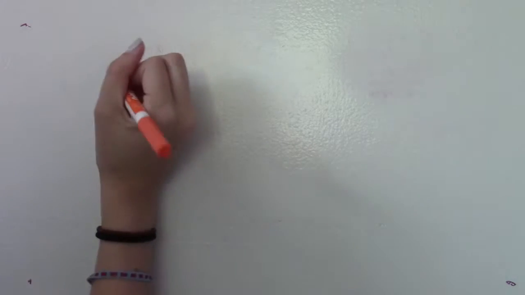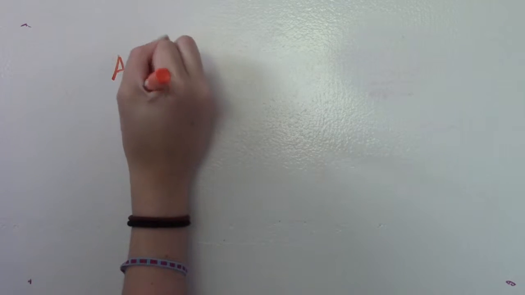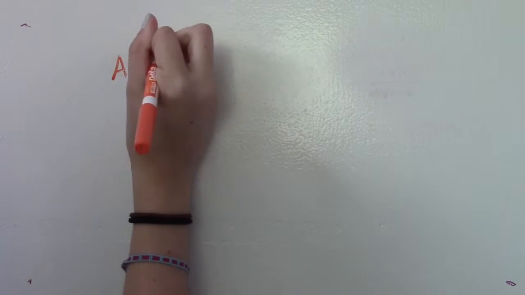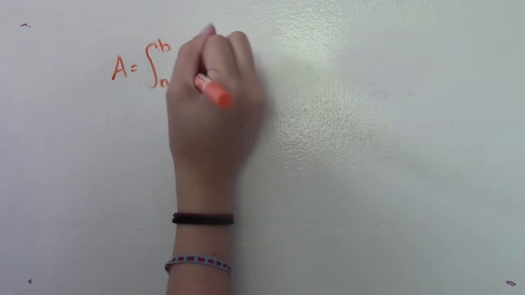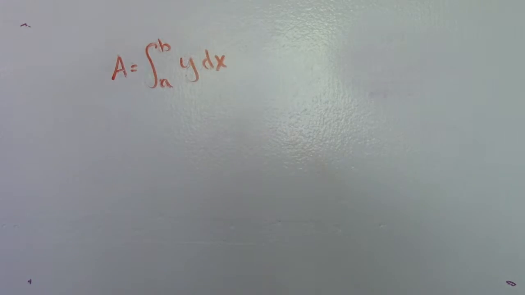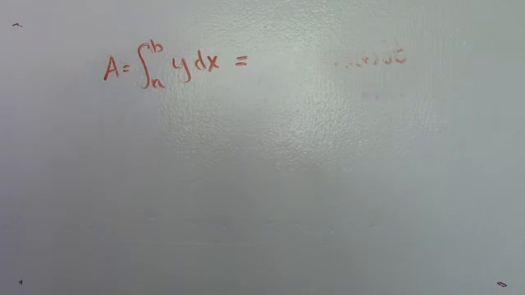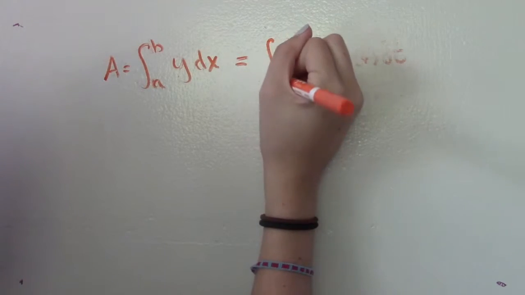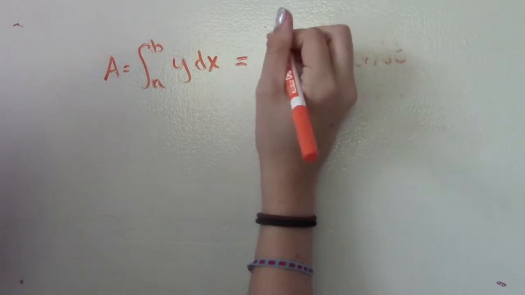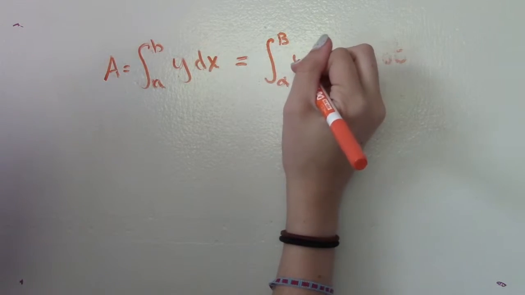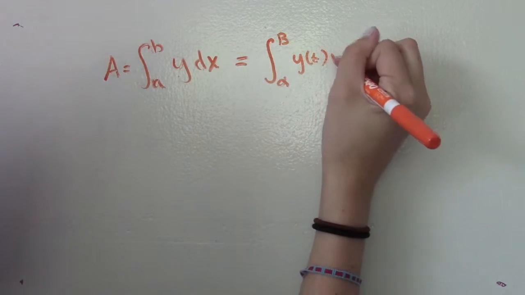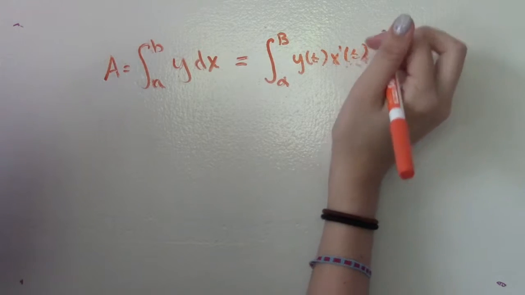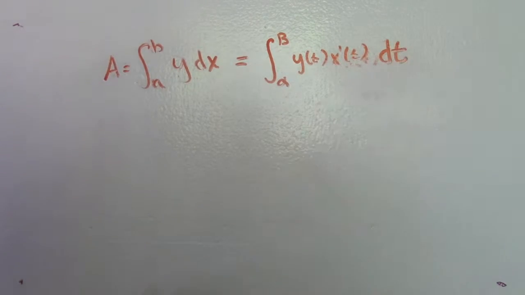Next, we're going to learn how to take the area under a parametric curve. We know that the area is equal to the antiderivative from some a to b of your y function with respect to x. We can substitute this dx and change the boundaries so that our area is the integral from some alpha to beta of y of t times x prime of t with respect to t.